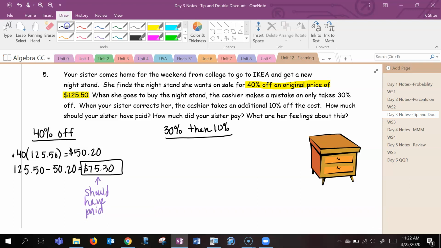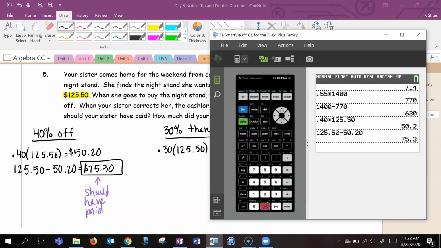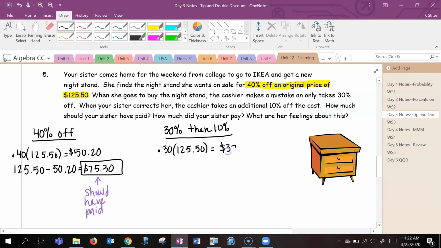What happened was the cashier took 30% off. So let's try that. 0.30 times the 125.50. I'm just going to use my calculator. So that's $37.65. Again, this is your discount. All right, this is how much money is coming off of your price.